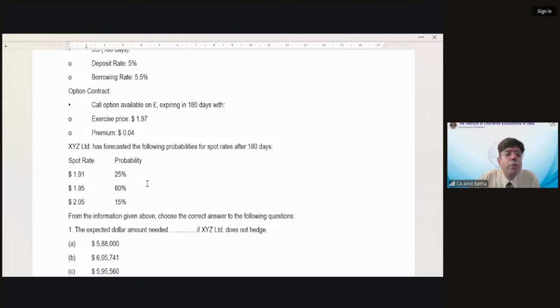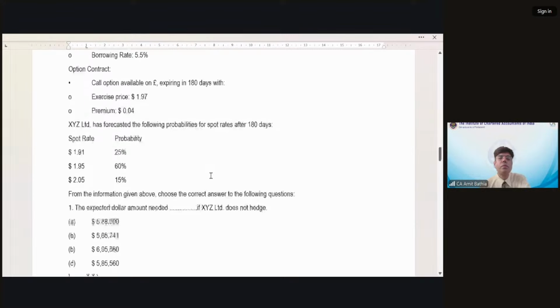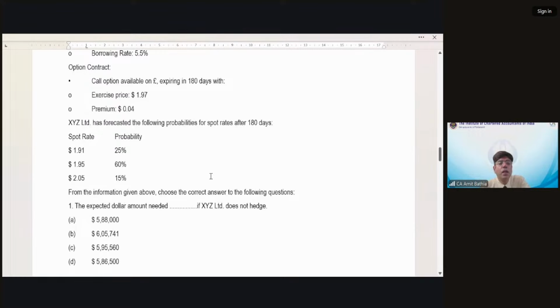So spot rate 1.91, probability is 25%, 1.95, probability is 60%, and $2.05, probability is 15%. From the information given above, choose the correct answer to the following questions. So first question being obviously the expected dollar amount needed if XYZ Limited does not hedge.